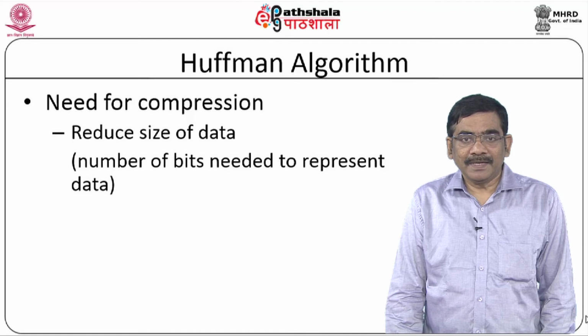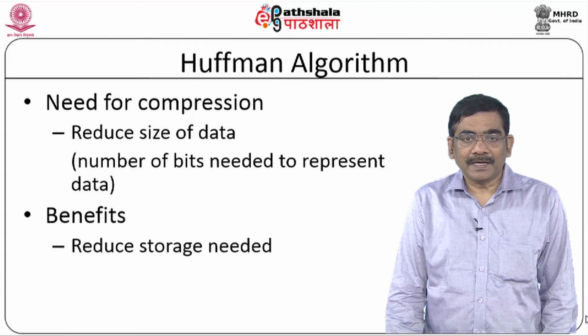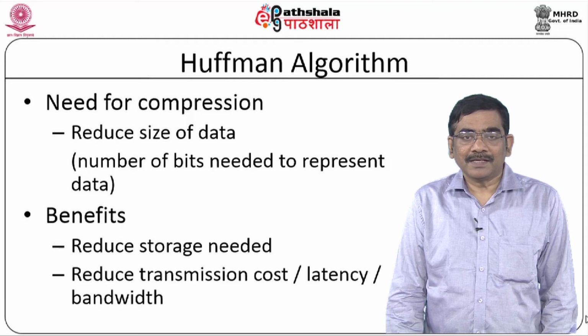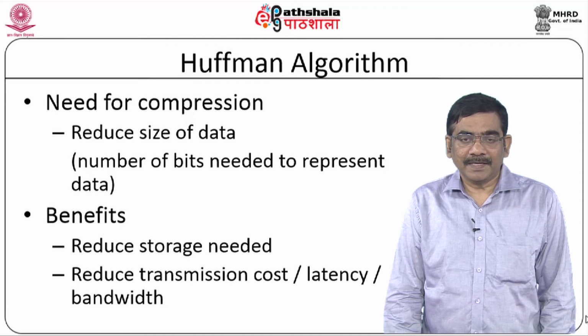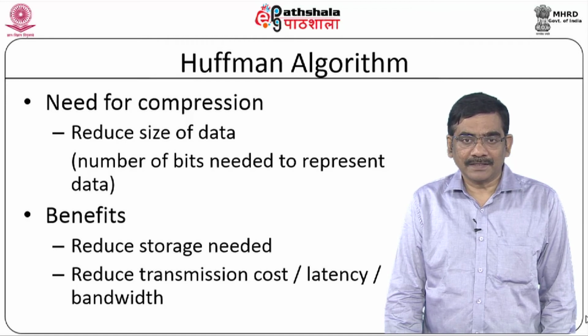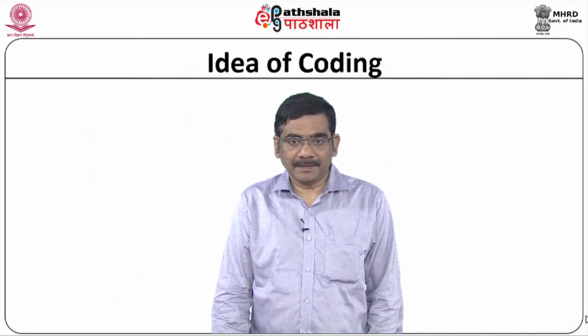By that we mean that the number of bits required to represent the data is reduced, and the advantage of data compression is that we can reduce the storage space necessary for storing the files, as well as reduce the transmission cost, latency and bandwidth. Because of this, compression is very important, and Huffman code is considered to be one of the most important algorithms in data compression.